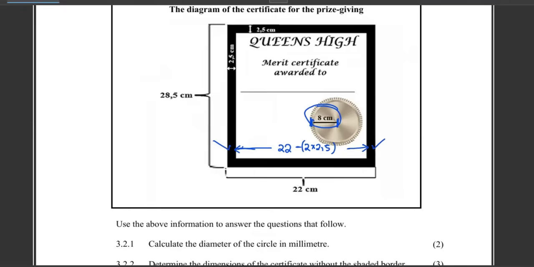So here we end up having 17. Let's do the same for the length. We are going to subtract 28.5 minus 5 also. Because this distance here is 2.5, also this distance is 2.5. We need to remove it. Then we end up having 23.5. I believe you've understood that.